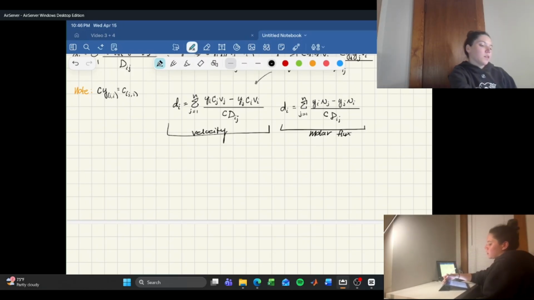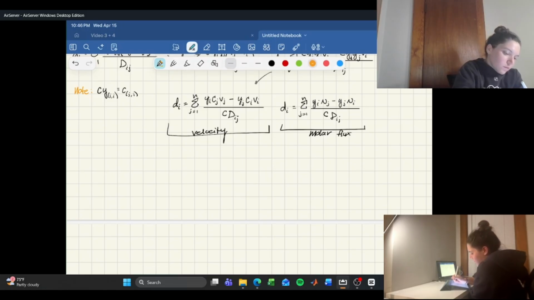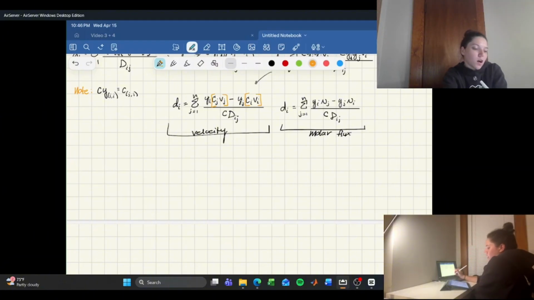Okay, and looking at these two equations, the difference here now is these two terms: the concentration times velocity for the specific component.